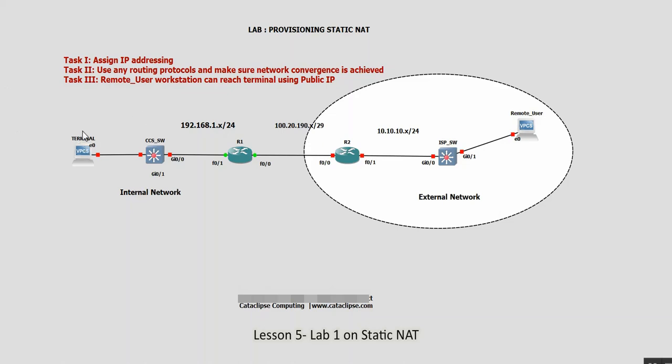We will give it to the terminal as a NAT IP address for this terminal. So basically task 1 is assign IP addressing. Task 2 is use any routing protocol to make sure that the networks converge. And finally, we will do a test from a remote user workstation to a terminal, checking connectivity to the terminal station. Okay, so let me bring up router 1 and start the configuration, and we will continue from there.